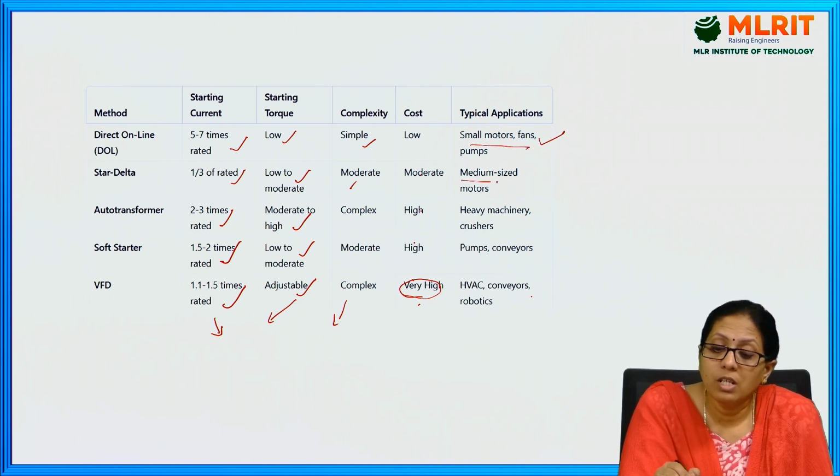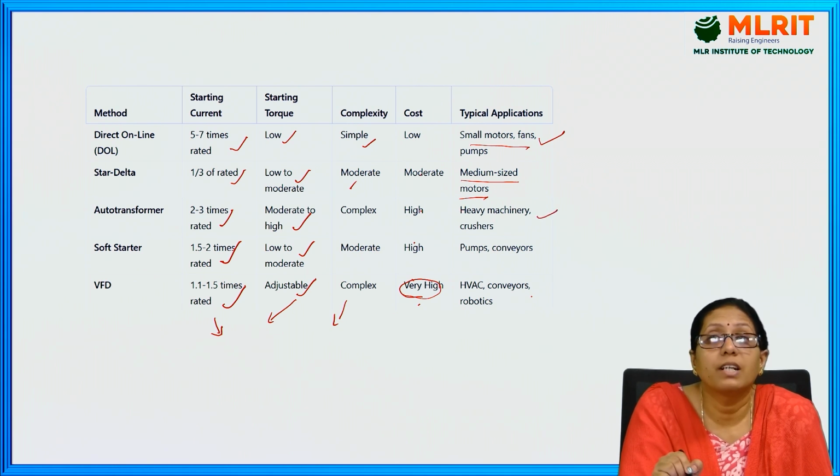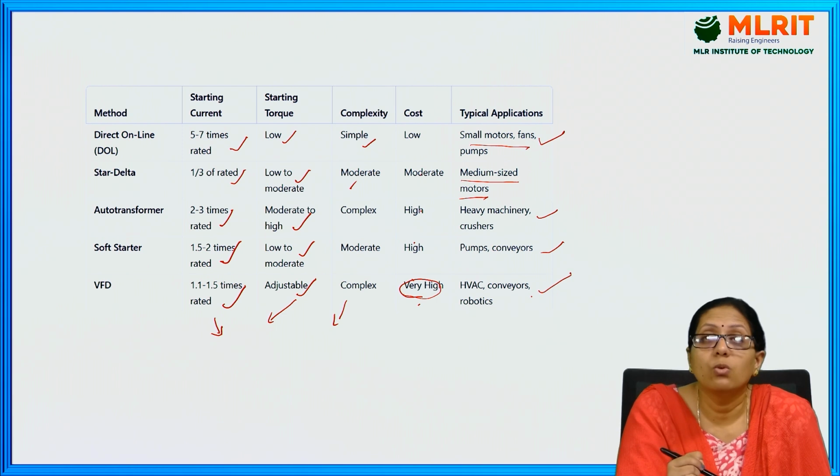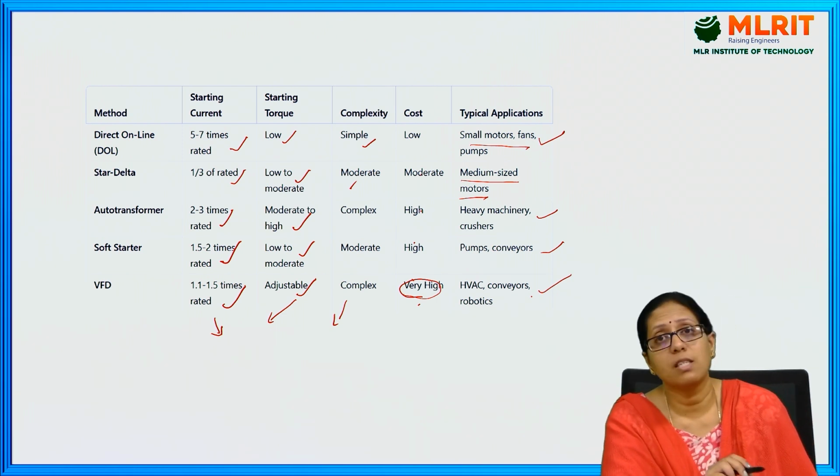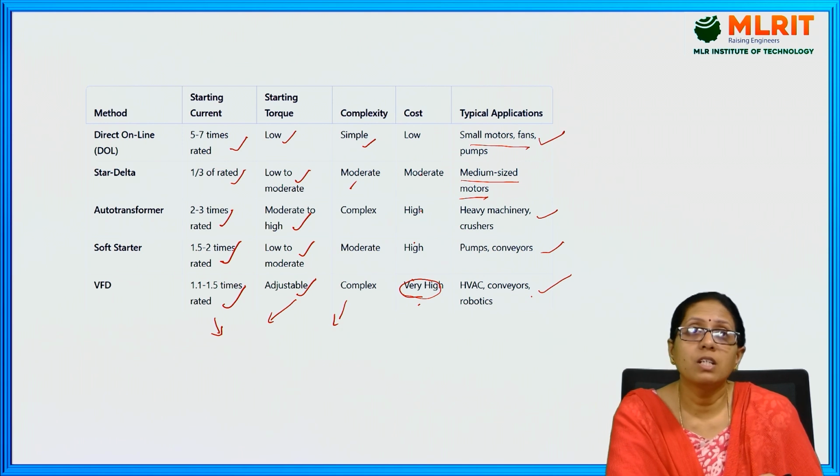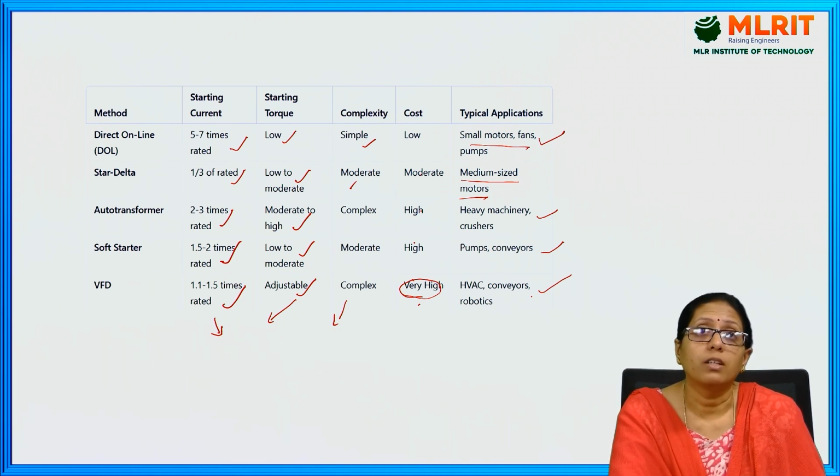We will be using in moderate sized motors, heavy industrial crushers, pumps and conveyors. This is mostly used for HVAC systems, high voltage AC systems. So this is the comparison of different types of starting methods of a motor, that may be a DC motor or an AC motor.